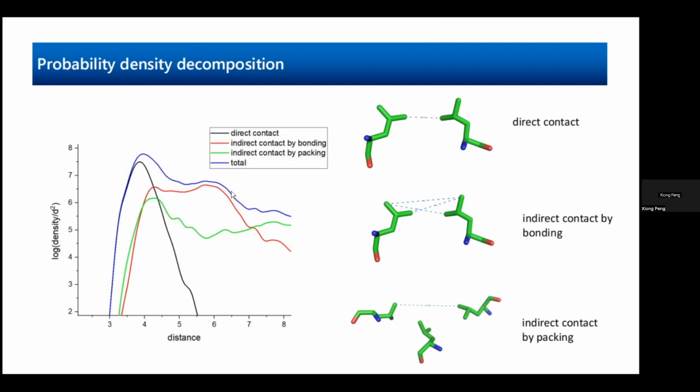The blue line is the observed distribution. But this distribution consists of three different kinds of contacts: the direct contact, the indirect contact by bonding, and the indirect contact by packing. The black line is the distribution for the direct contact. Only the direct contact has a strong relationship with the real physics.